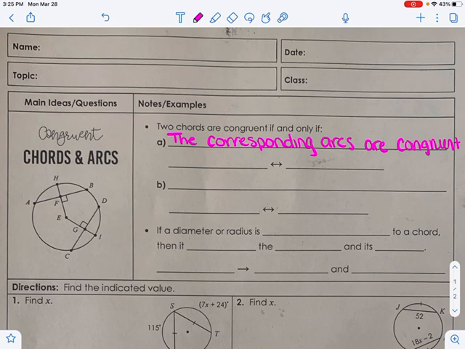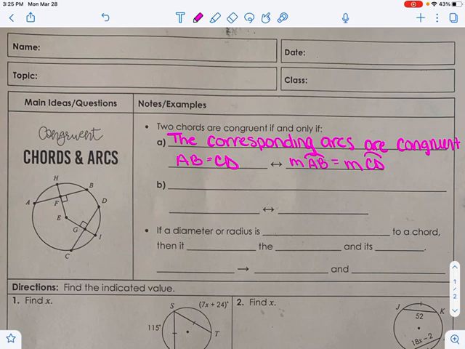So in this case, chord AB would equal chord CD if and only if the arc AB is equal to the arc CD, based on the picture to the left.